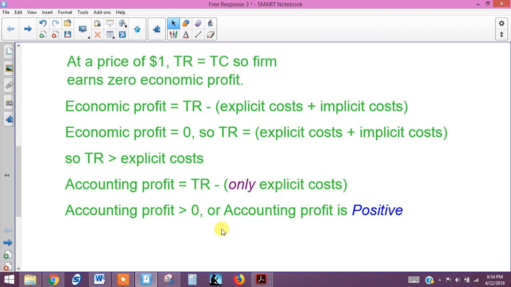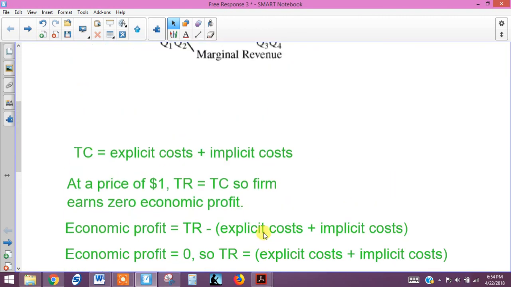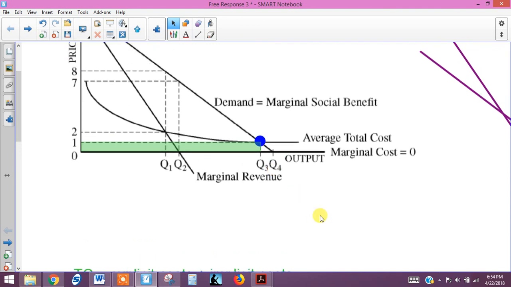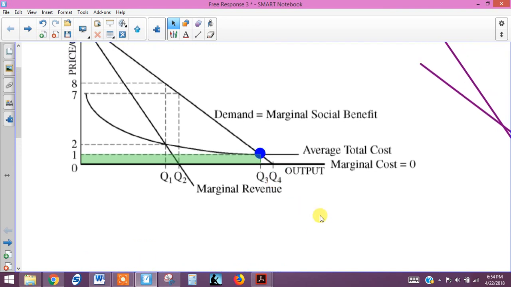So that's how we know that accounting profit is positive. The short answer is, if you're sitting right here where price equals average total cost, that tells us that we are earning zero economic profit, and when a firm earns 0 economic profit, they typically earn positive accounting profit.